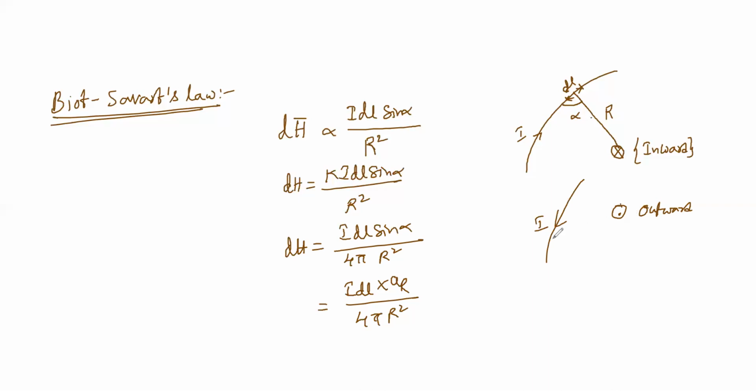It's a different case. Now we can take the comparison of Biot-Savart's law with a simple example of the direction of dH bar using the right-hand rule, or the right-hand screw rule.